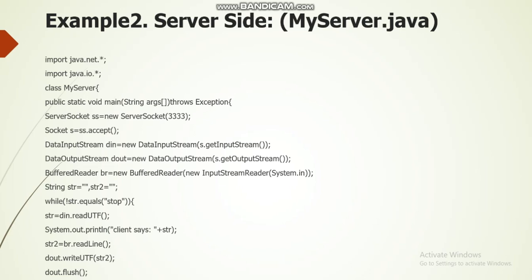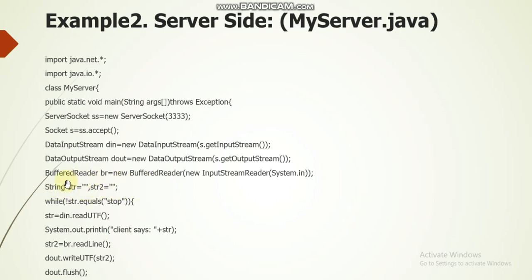Now we need at server side to also send the message and receive the message. To receive the message, we have used DataInputStream. To send the message to client, we have used DataOutputStream. Now we need also to write any message from the keyboard at server side and send it to the client. That's why we have BufferedReader here.